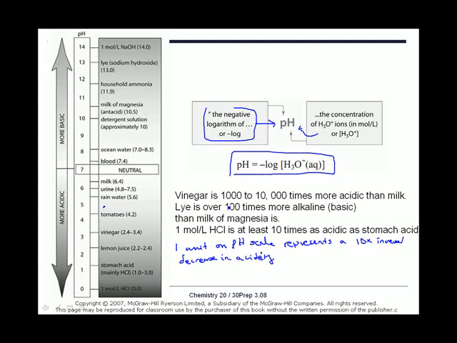So for example, vinegar is 1,000 to 10,000 times more acidic than milk. And so let's see what that means. Milk has a pH of about 6.4. Vinegar has a pH of 2.4 to 3.4. So if we just do subtraction, 6.4 minus 2.4, that would be 4 units. And each unit is a 10 times increase, so 10 to the power of 4 times difference.